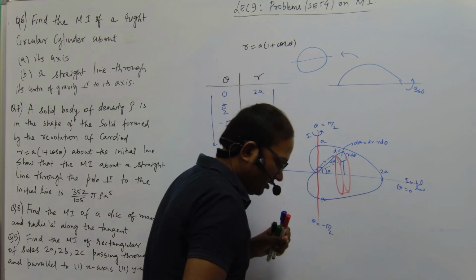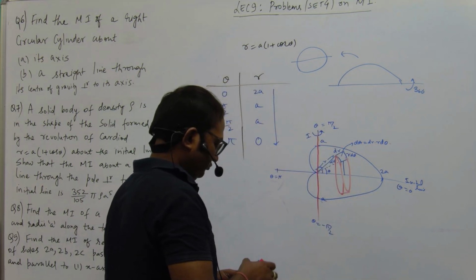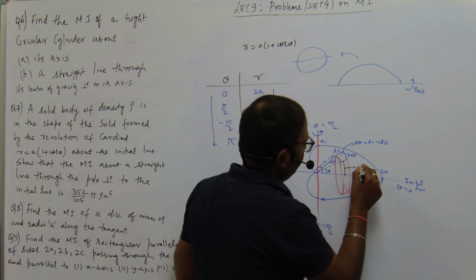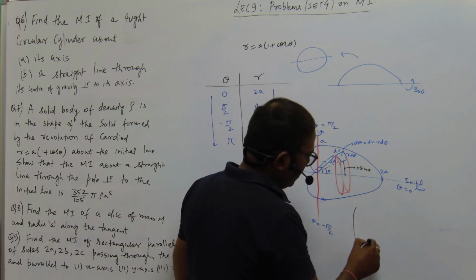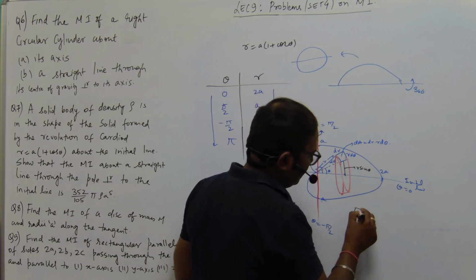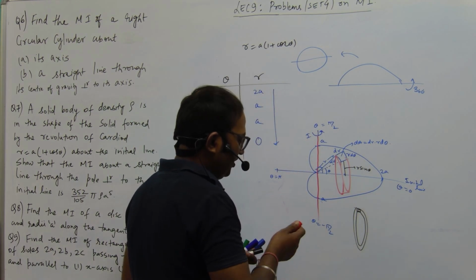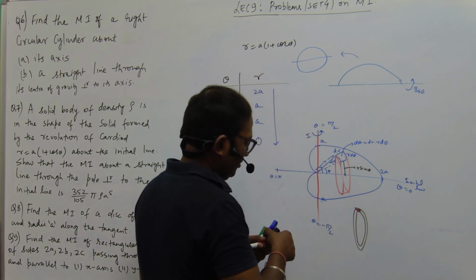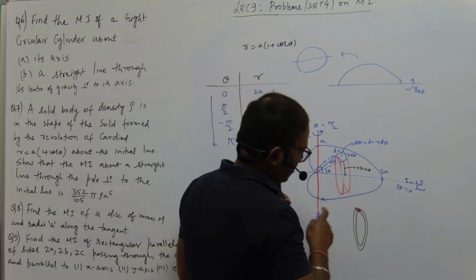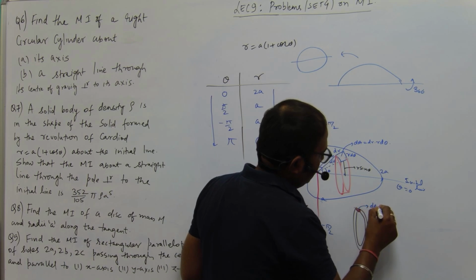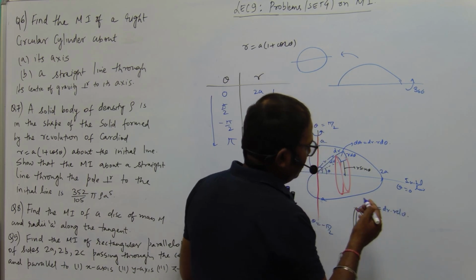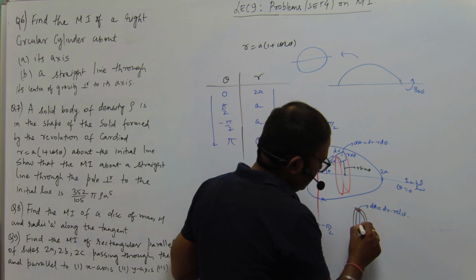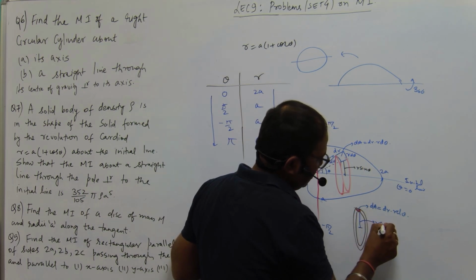The cross section area will be dA, where dA is equal to dr into r d theta, and the radius is r sin theta.